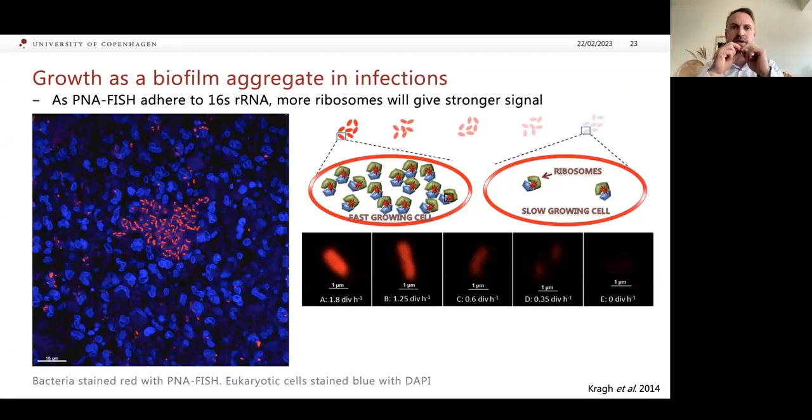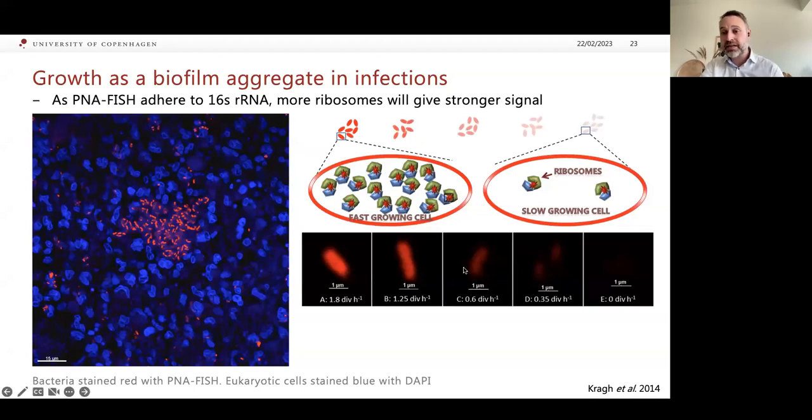These are small peptide probes that adhere to the ribosomes of the bacterial cells, and they adhere so specifically that only one probe attaches to one ribosome. That means we can look at the fluorescent intensity each cell has, based on how many probes are attached inside the cell. That will count how many ribosomes it has.